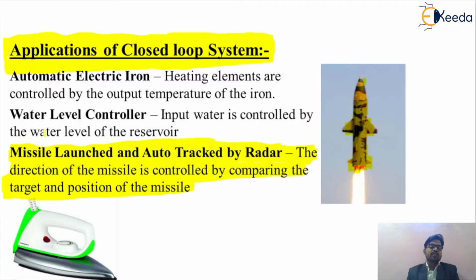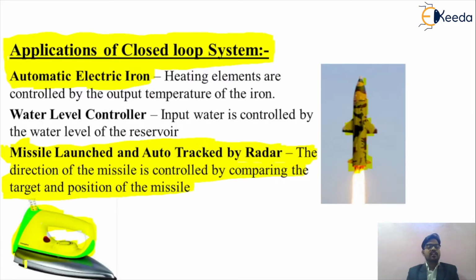This is the first example of the closed loop control system. Then, in day-to-day life, we use another example, called the automatic electric iron. What happens with the automatic electric iron? Friends, we now use such irons for pressing our different clothes. In that automatic iron, temperature sensors are there.